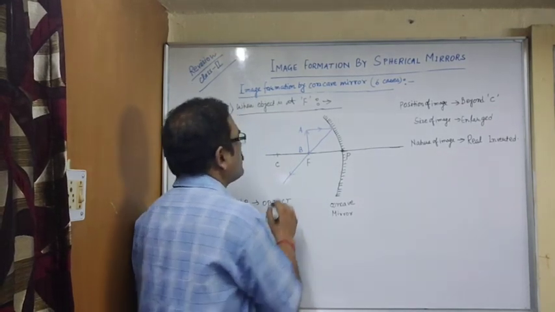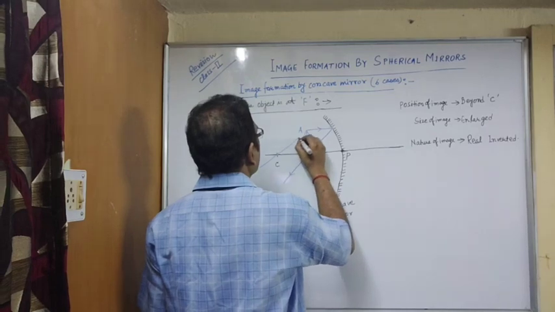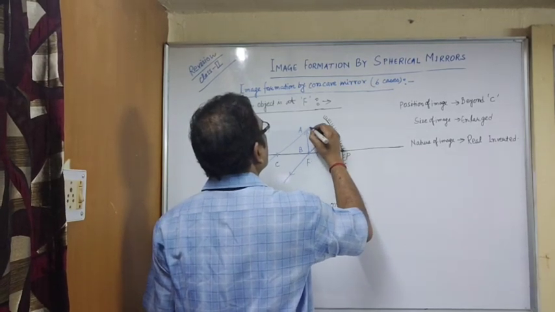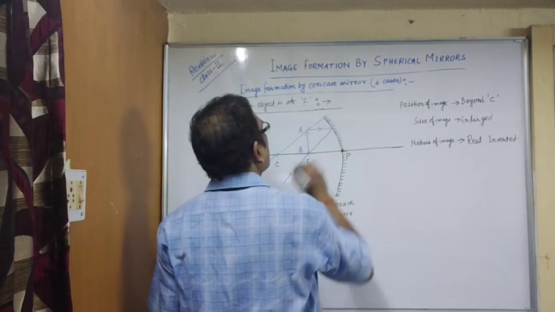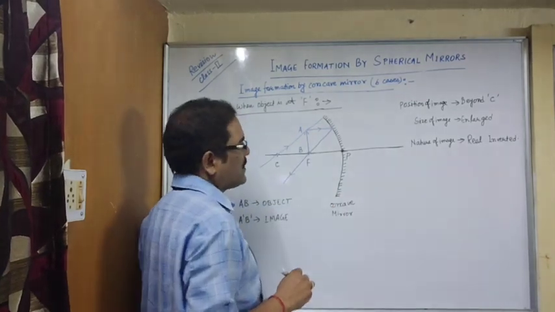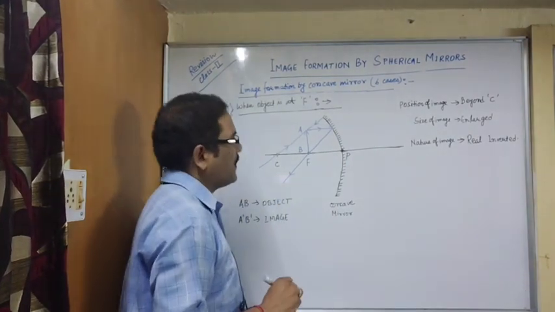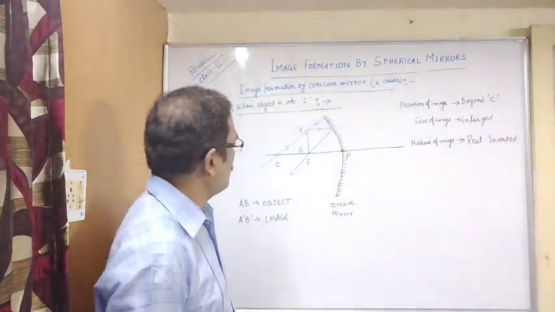Take another ray through center of curvature. And we have learned, if a ray of light passes through center of curvature, it will reflect back along the same path after reflection, according to third rule.